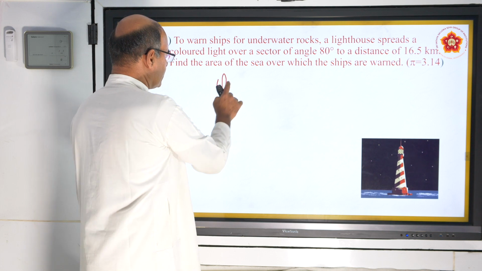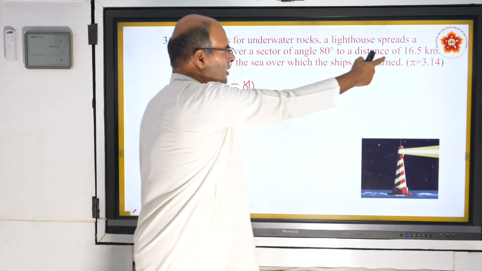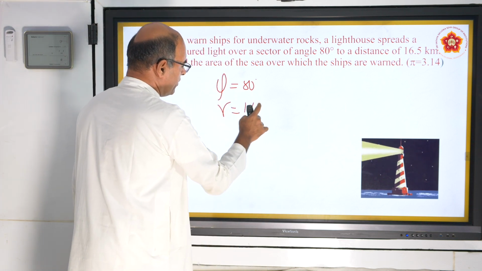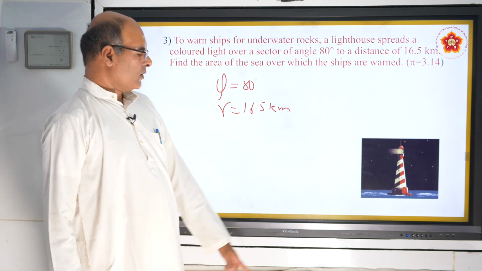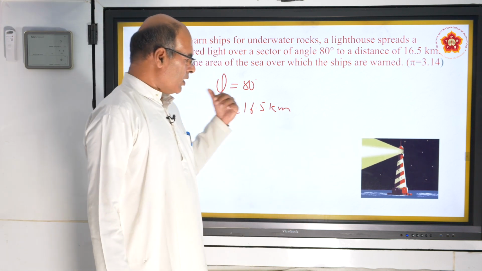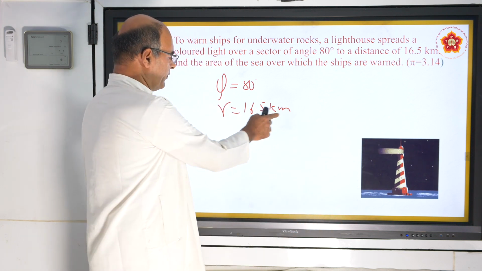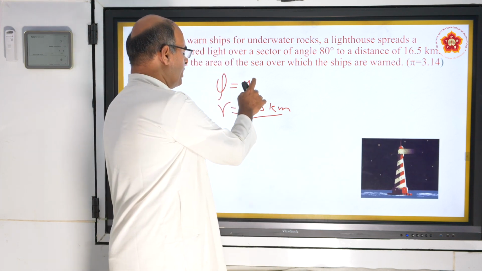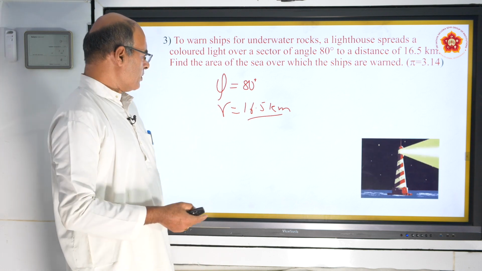The angle of the sector is 80 degrees, and the radius of the sector is 16.5 kilometer. The light has its effect till 16.5 kilometer, and it revolves 80 degrees in each revolution.